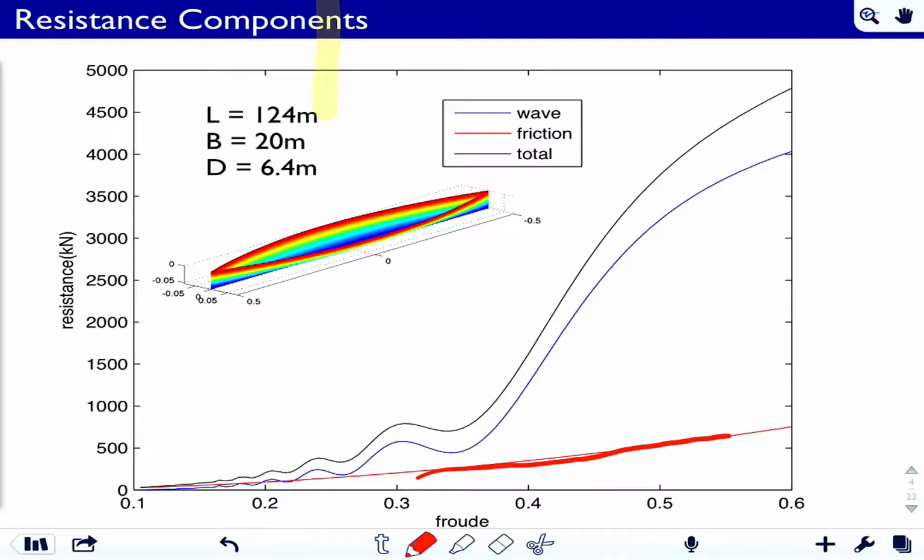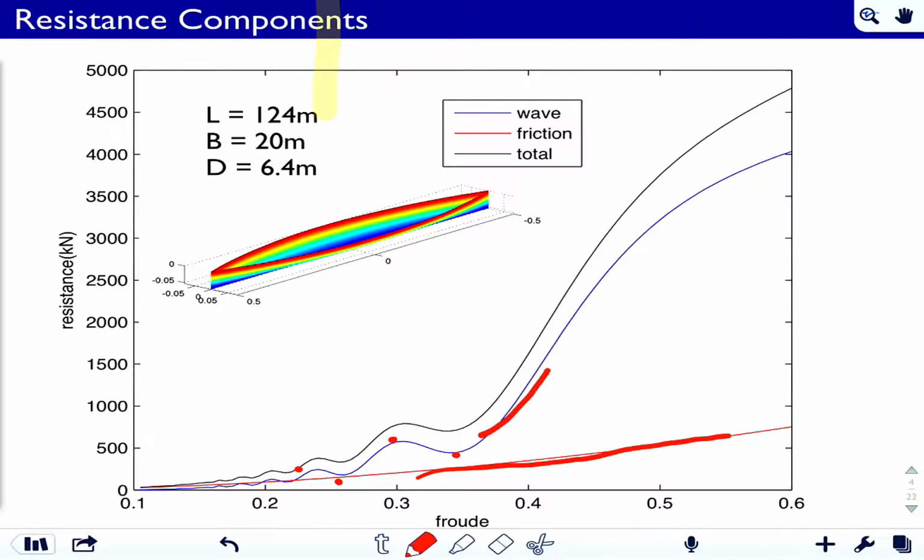It has some assumptions which make it not work for large waves, boats with big beam, those sort of things. But for this ship here, this is reasonable. And you see the wave drag, which is this blue line. Wave drag oscillates. There's a trough here, a peak here, a trough here, a peak here.